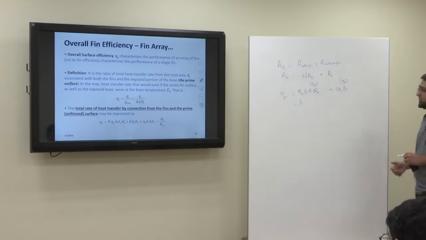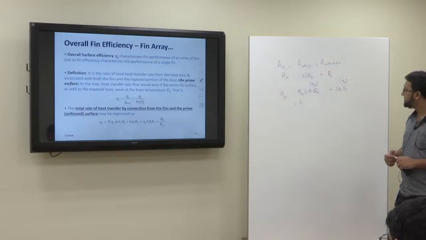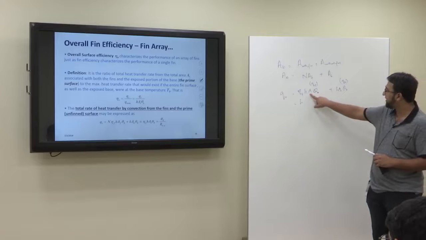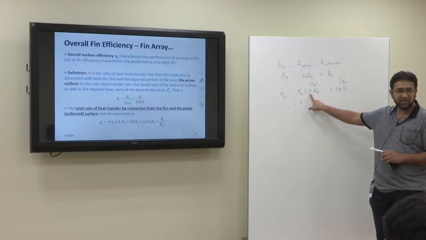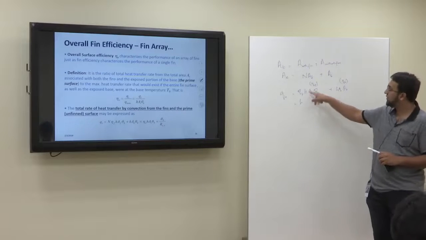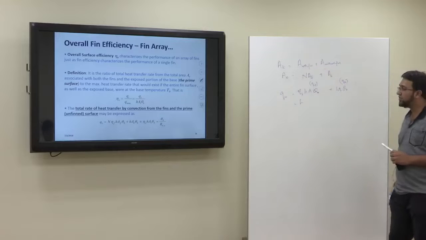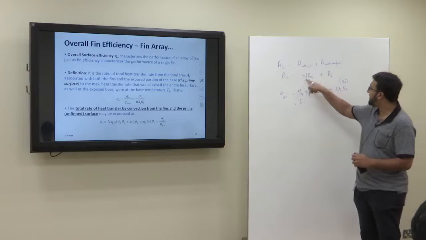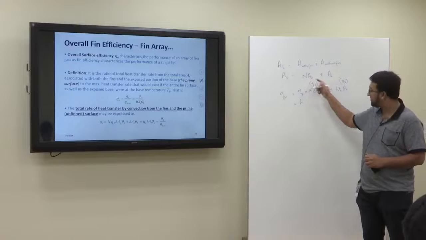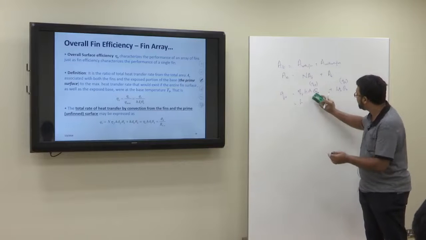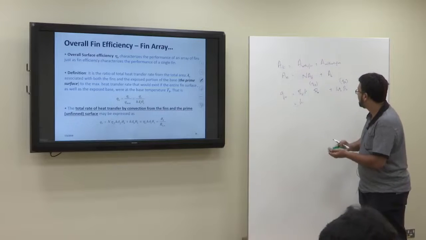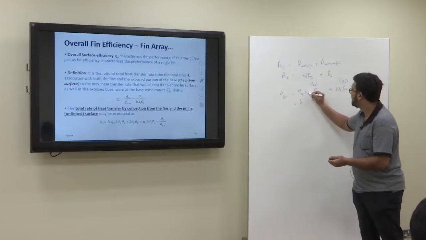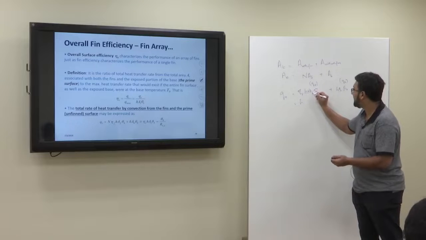Okay, now one thing is, let's talk about this area. This area is the area with fins, and we already discussed that this will be N into AF. So let me replace it with N into AF.